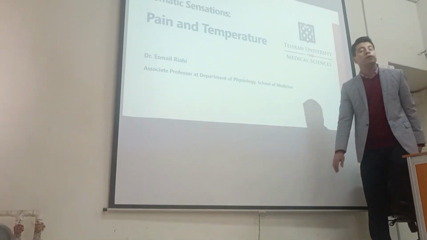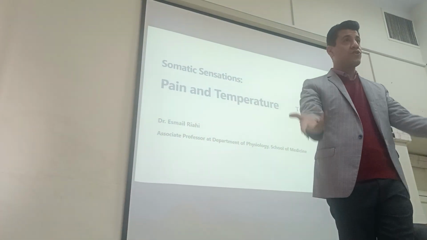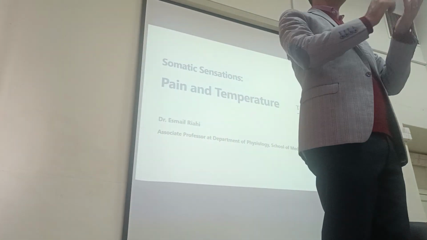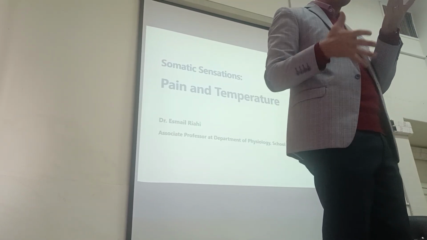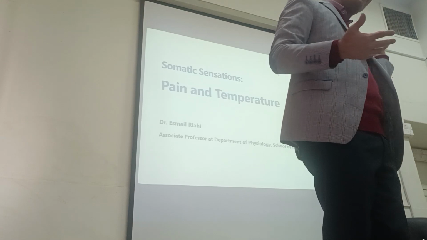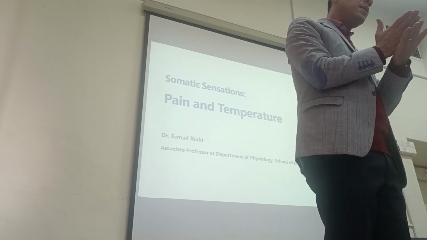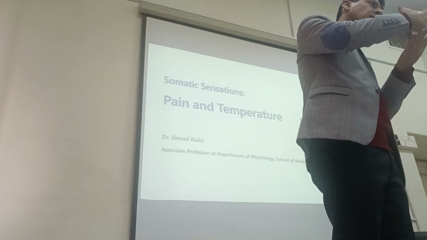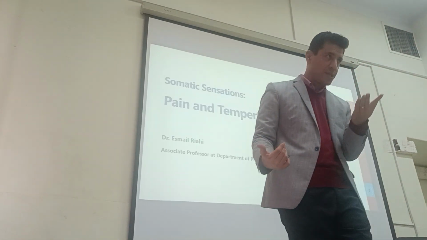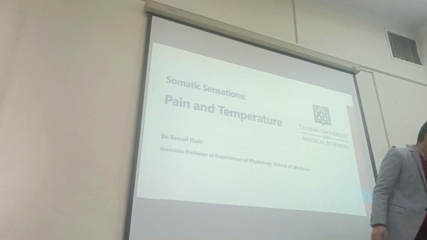We are talking about somatic sensations. We started with touch, pressure, vibration. Now, in this part, we will continue with pain and temperature, two other types of somatic sensations, right? Pain and temperature.